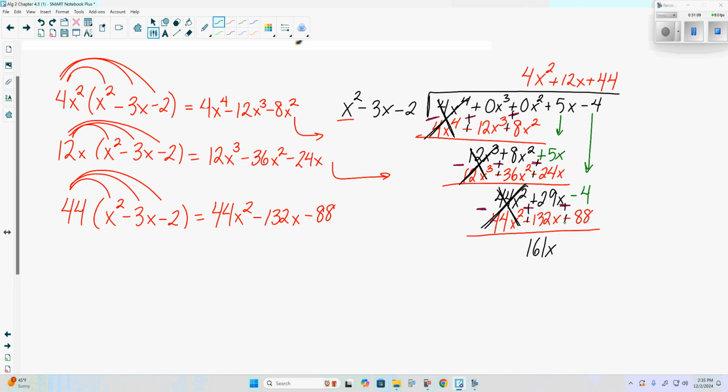Negative 4 minus negative 88. Negative 4 plus 88 is plus 84. Okay. And we take our remainder and add it back in.